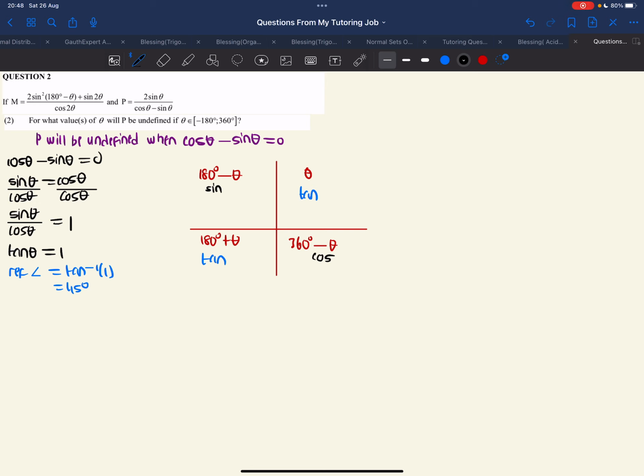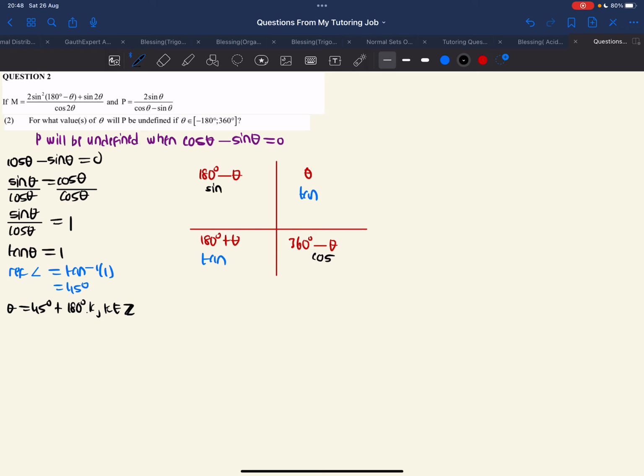Alright, so if we do that, we're going to say theta equals 45 degrees plus 180 times k, where k is an element of the integers. Now can you see that for the function of tan we say 180 times k, but remember for sine theta and cos theta we're not going to say 180 times k, we're going to say 360 times k.